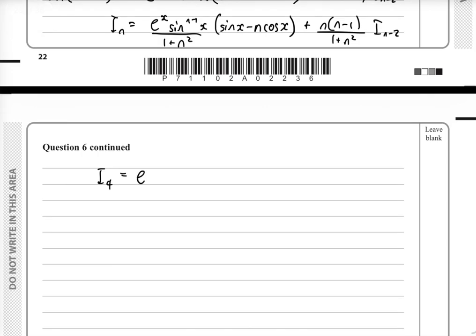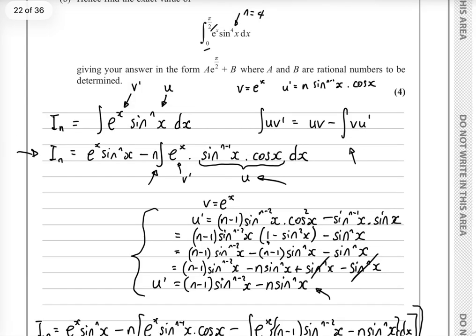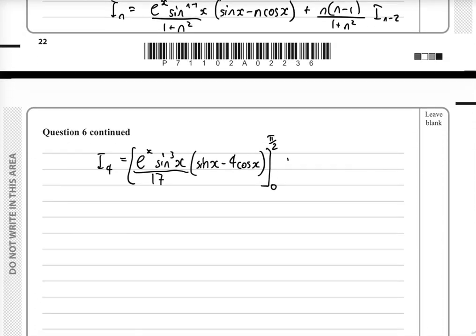So that's e to the x sine cubed x over 1 plus 4 squared. 4 squared is 16, so that's 17 times sine x minus 4 cos x, and all of that needs to be evaluated at 0 and pi by 2, plus 4 minus 1, 3, 1 over 4 squared, 17 again, 4 minus 2 is 2.